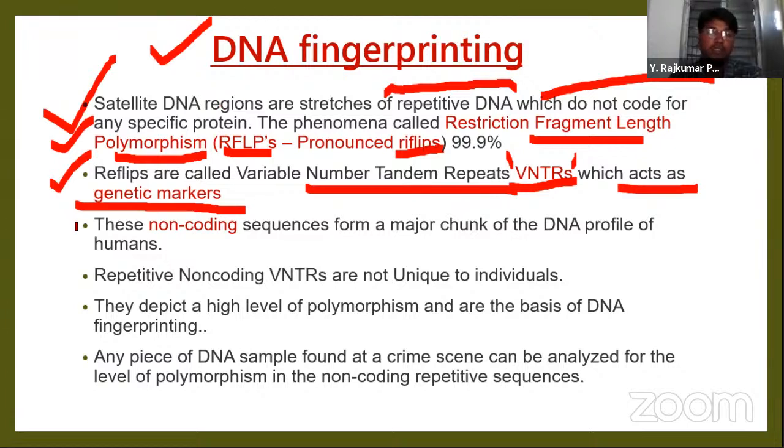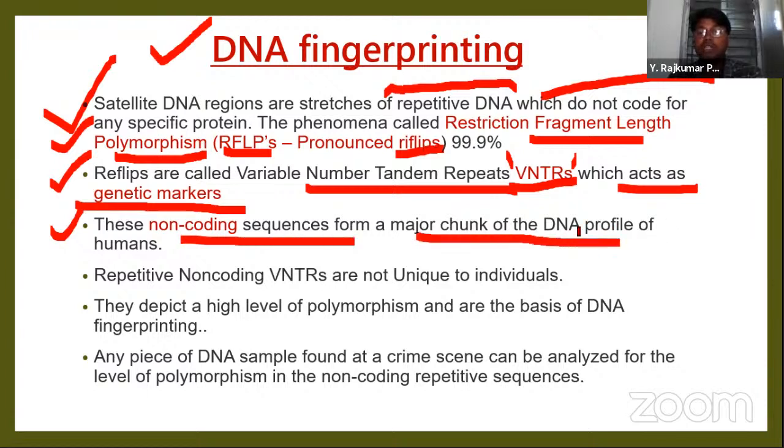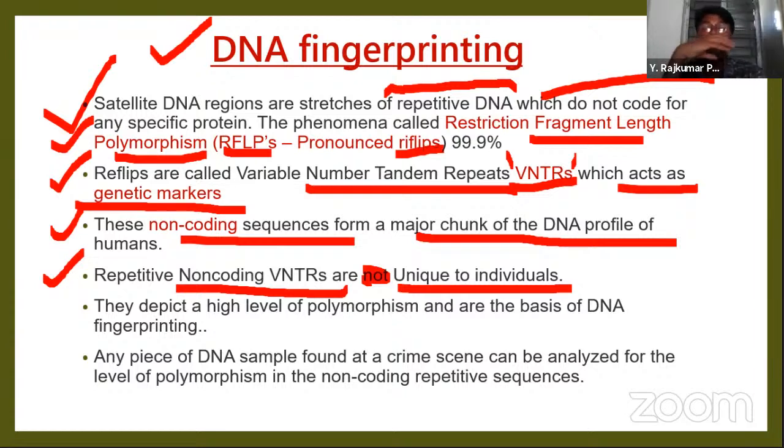These non-coding sequences form a major chunk of the DNA profile in human beings. Repetitive non-coding VNTRs are unique to individuals. Since they are unique to individuals, we can differentiate the person, and we can identify the actual victim or the actual person.